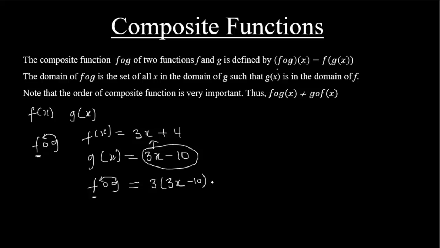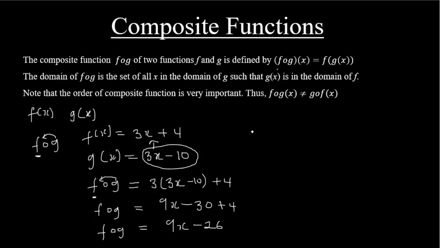Then the next term of the function f is plus 4. Now we need to expand the brackets by multiplying 3 by those in the brackets. So 3 times 3x gives us 9x. 3 times negative 10 gives us negative 30. Then plus 4. So negative 30 plus 4 gives us negative 26. So that gives us the function f of g: 9x minus 26.